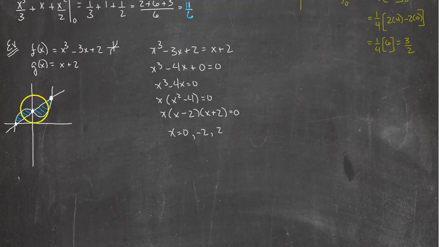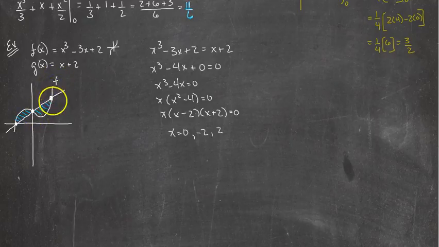And now that I have my picture sketched out, I can see that I have a little bit of a dilemma. And that is, remember, to find the area between these two curves, I want to take the larger function and subtract from it the smaller function. But notice that one function is larger on the left-hand side of 0, but the same function is smaller on the right-hand side of 0.